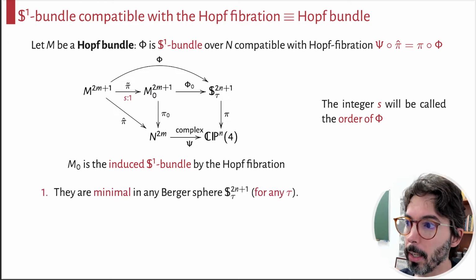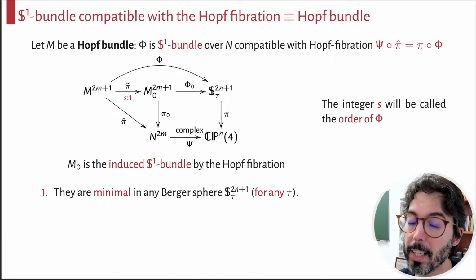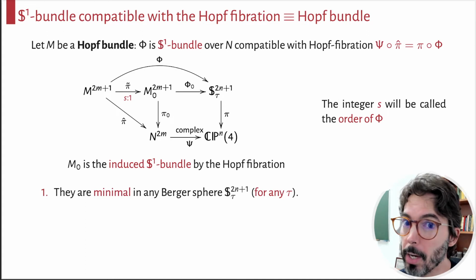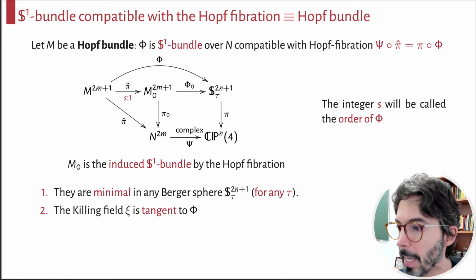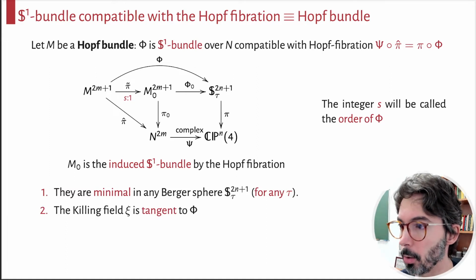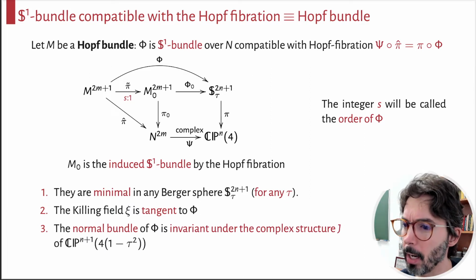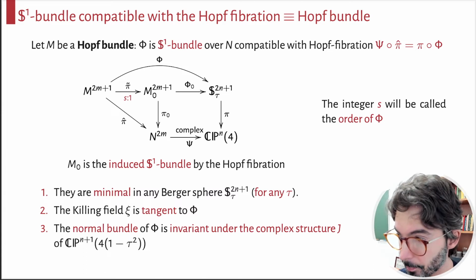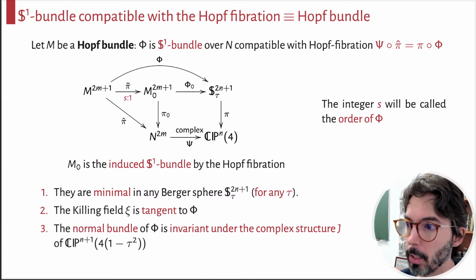So these S1 bundles are always minimal for any tau. Okay. And we are going to call them, throughout this talk, just Hopf bundles for short. The Killing field is always tangent to the immersion phi, and the normal of phi is invariant under the complex structure J of the complex projective space.